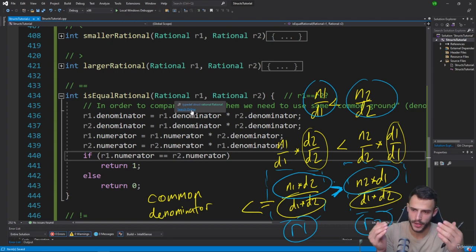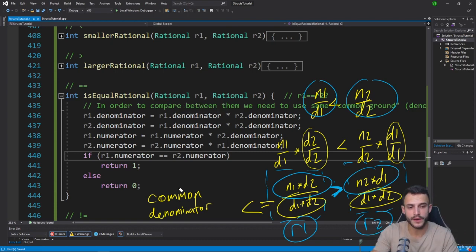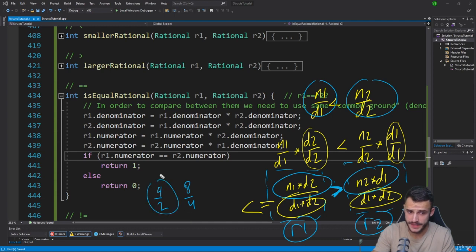Although that's one option, we can also say that these two rational numbers, 4 divided by 2 and, let's say, 8 divided by 4, are also kind of the same. Because this is 2 and this is also 2, if we take a look at it.